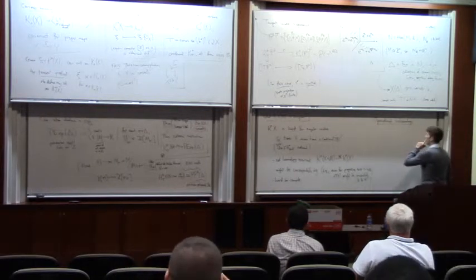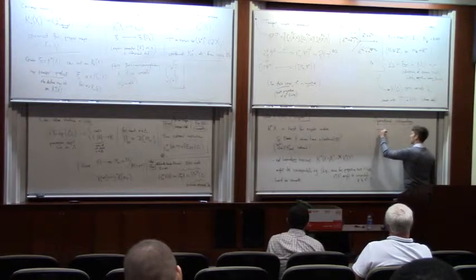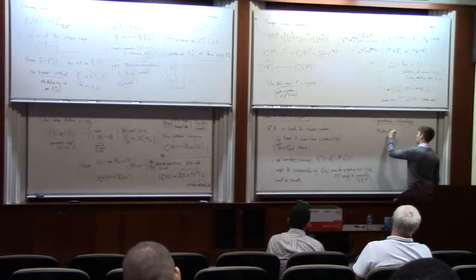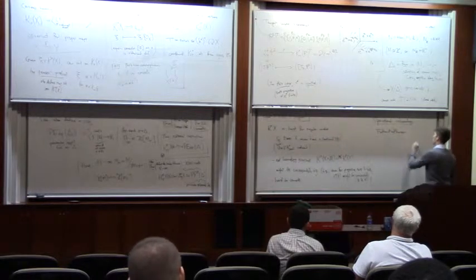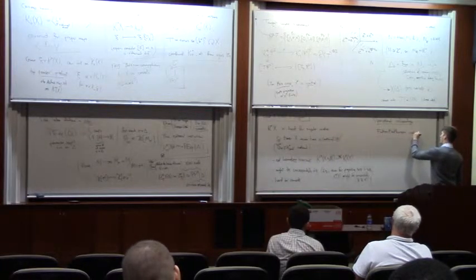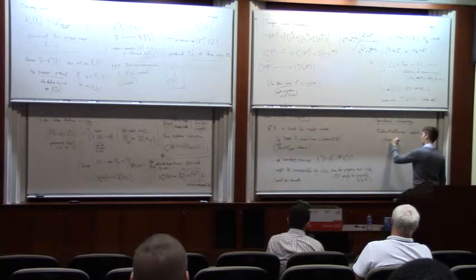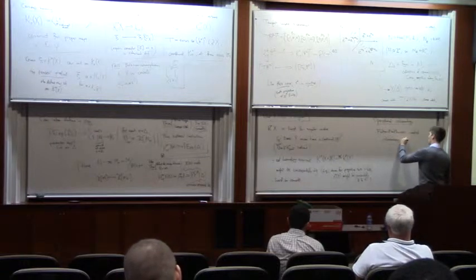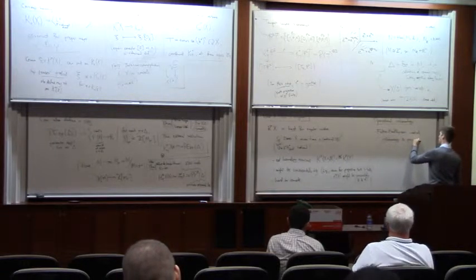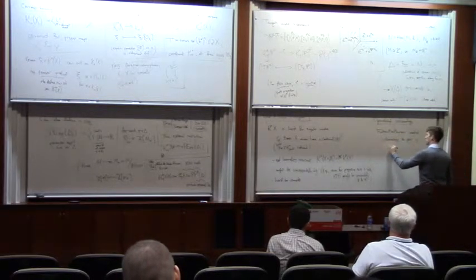So in the 80s, Fulton and MacPherson were building intersection theory. And they wanted a cohomology theory to pair with the homology, so Chow homology.